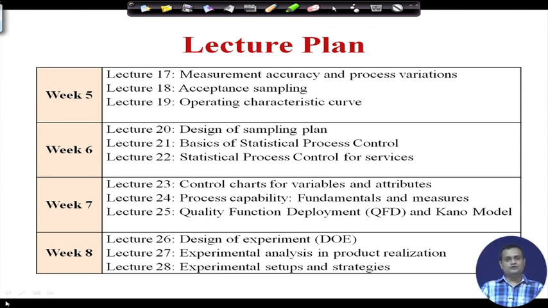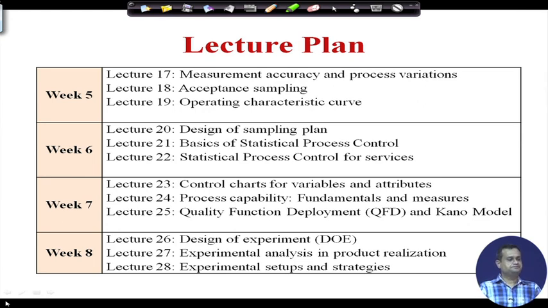Week 5 you will have 3 lectures. Lecture 17, measurement accuracy and process variations, lecture 18, acceptance sampling, lecture 19, operating characteristic curve. Week 6, lecture 20, design of sampling plan, lecture 21, basics of statistical process control, lecture 22, statistical process control for services.